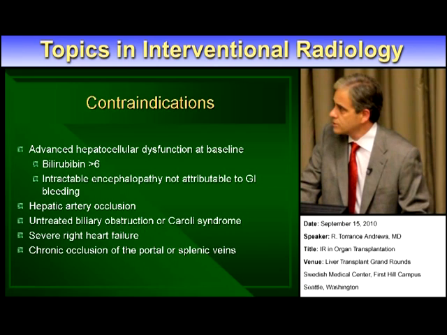If the hepatic artery is occluded, a TIPS is not a good idea because you will definitely make the liver ischemic with that procedure, and that can be an unrecoverable problem. And there are some other things that are listed there that I think are pretty obvious, but generally we can work around almost all of these issues.